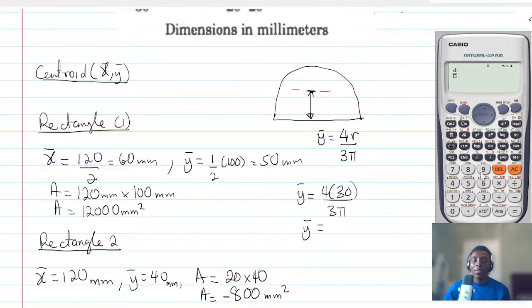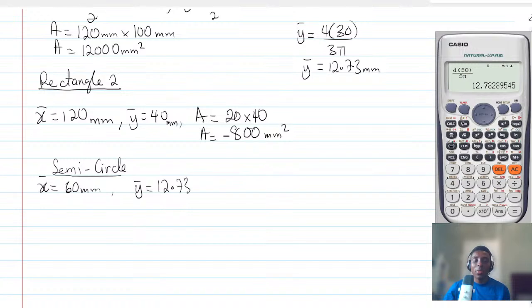So 4 times 30 divided by 3 times pi. And that will give you 12.73. So the Y bar is 12.73 millimeters.